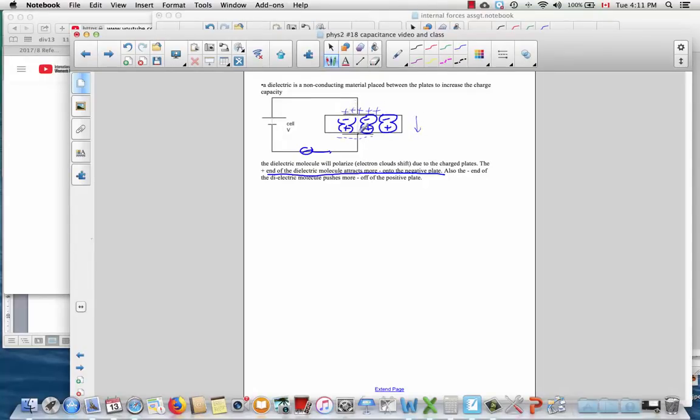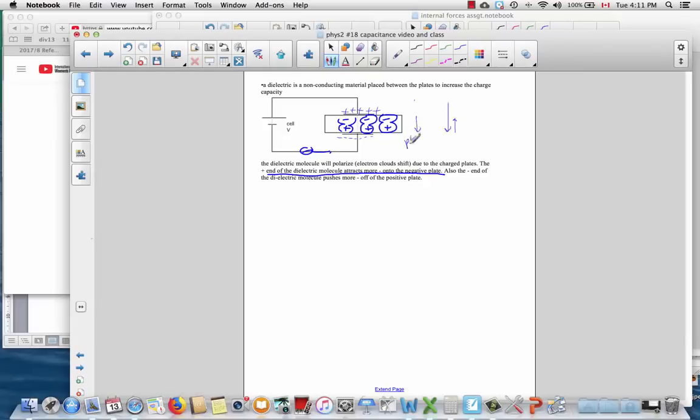Now, when we put the dielectric in, more charge built up on the plates, so we would have expected at first glance the electric field to be larger. However, if you look at this dielectric, you'll see that a positive charge would tend to be repelled from the positive end of the molecule, attracted towards the negative end of the molecule. So there's an electric field there that is in this direction due to the dielectric.